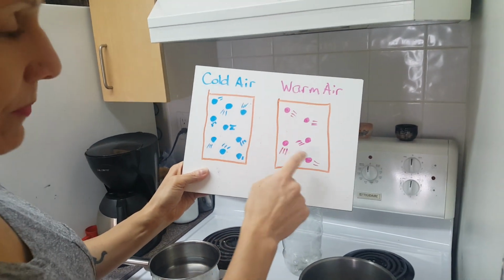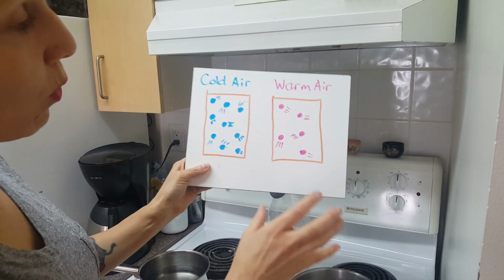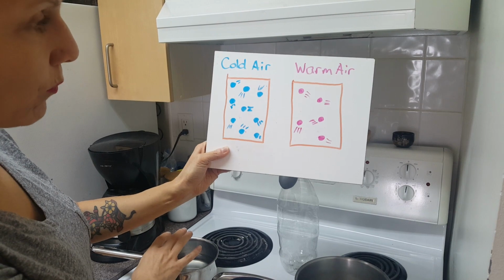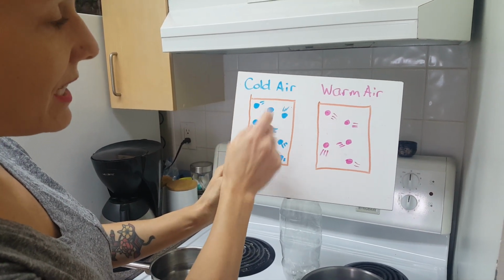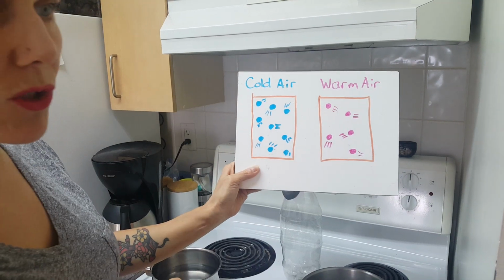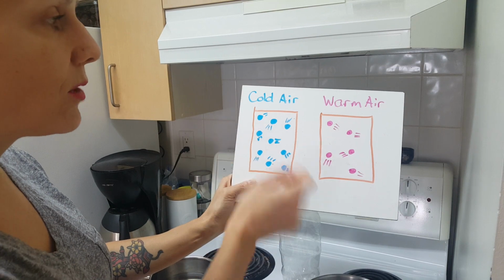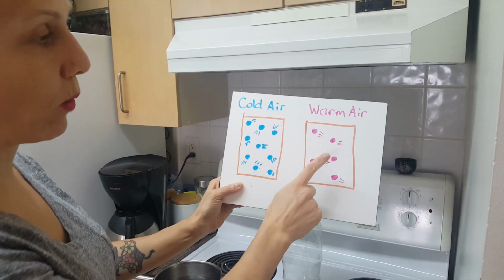So we have these particles, there's a couple of them, and they're bouncing around when they get warmer. Well, when they get cooler, when I put it into the cooler water, so they cool down the air, and then what happens is the particles become closer together. They still are moving quickly, they're bouncing around, but not as fast as they do with the warmer air.